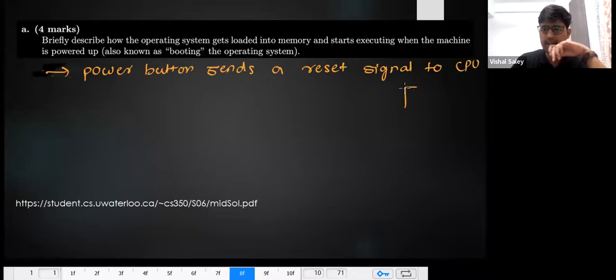Remember that your CPU is exactly a hardware chip. It's a hardware component. It has a reset pin. So it literally is a wire. There is a reset wire.